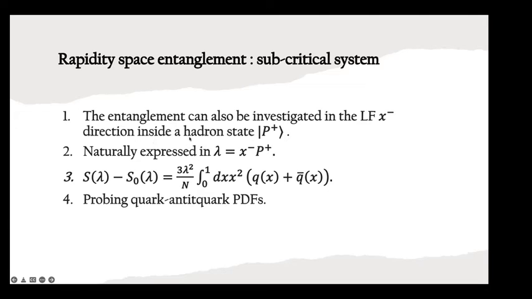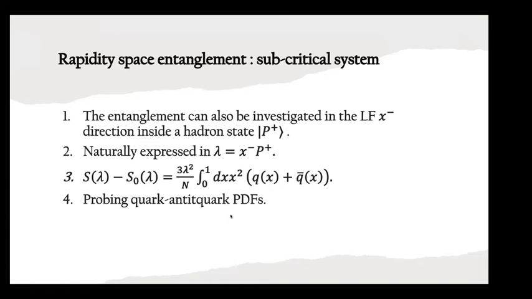So now we consider a hadron state described by the same 't Hooft wave functions in the planar limit with momentum P plus. And then this entanglement is naturally, of course, a function of lambda equals x minus P plus, the same as the parton correlation functions or the PDFs expressed in terms of these lambdas.